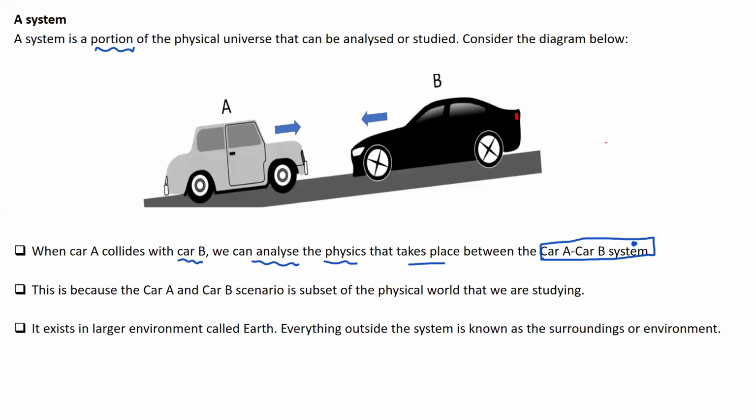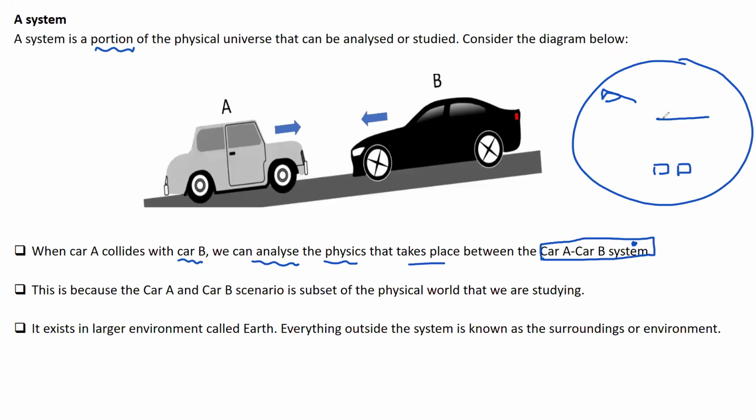In other words, a system is a subset of a larger environment. Currently on Earth there are so many things happening. Planes are flying, that's a system. Cars are colliding, that's a system. Someone is hitting a baseball, that's a system.